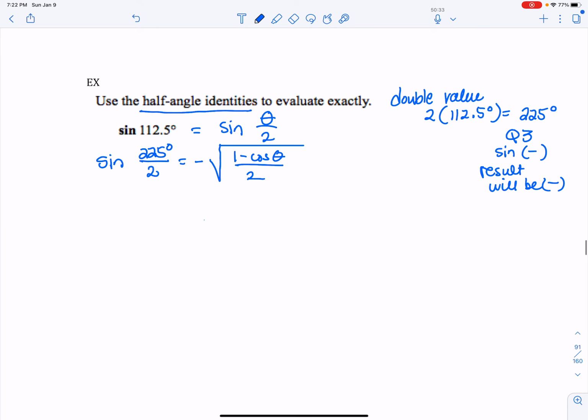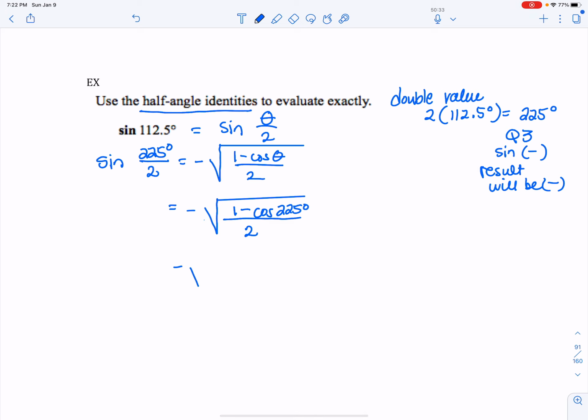Okay, so I'm going to plug and chug. So negative square root of 1 minus. Now cosine in quadrant 3 is also negative. So cosine of 225 is going to be negative radical 2 over 2.